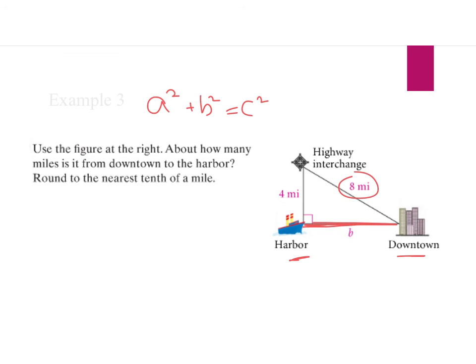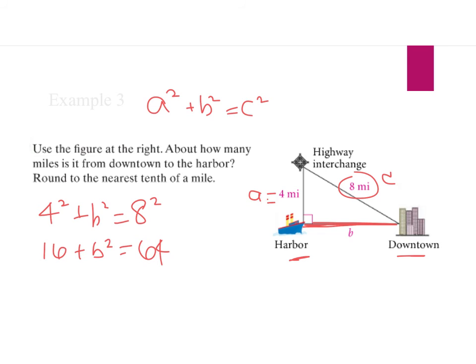My hypotenuse is my c value, and because this is already called b, we'll call this our a. So I have 4 squared plus b squared equals 8 squared, or 16 plus b squared equals 64.